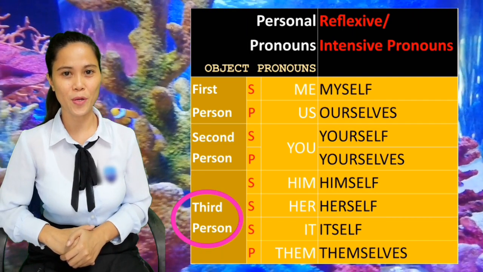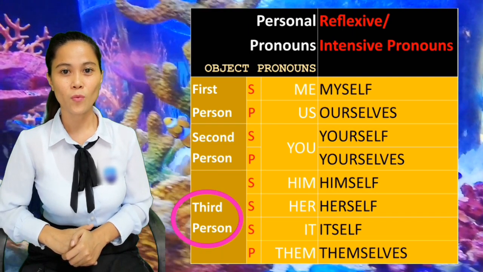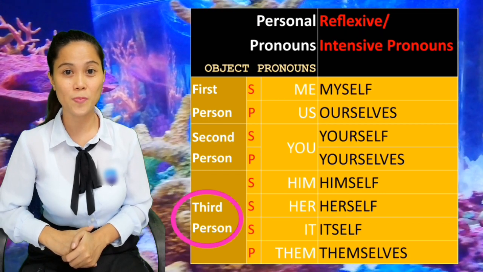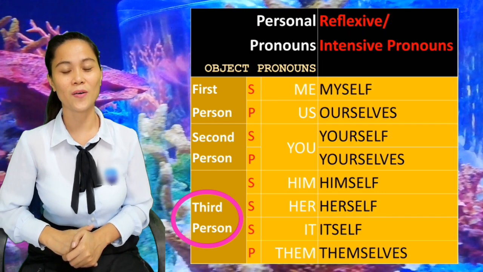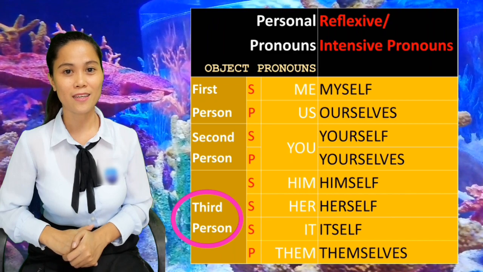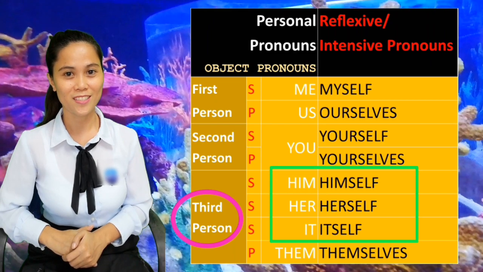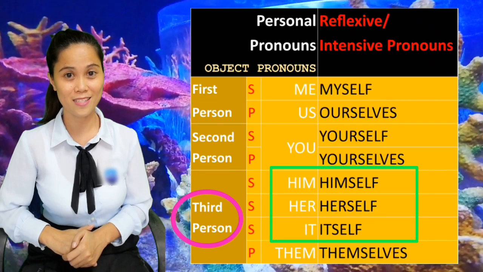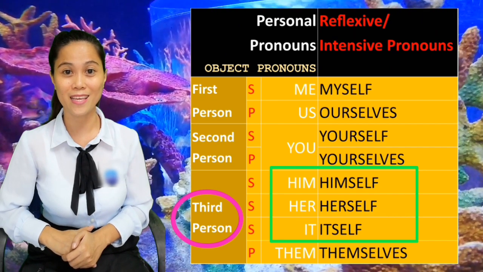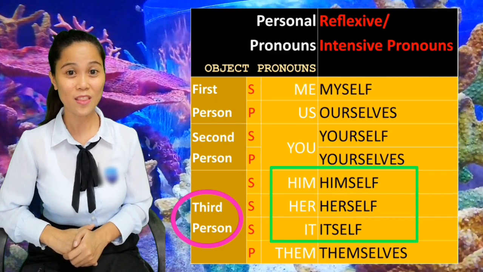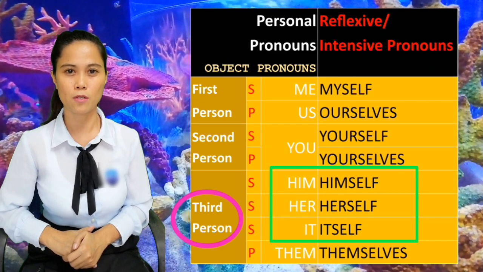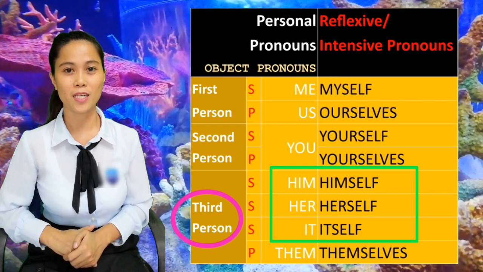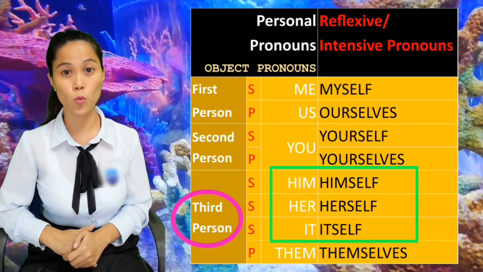The third person pronoun is when the pronoun is not the speaker. So you say her, and it becomes herself. His becomes himself. You cannot say hisself. Then it, for inanimate objects or sometimes animals, becomes itself. It's one word.